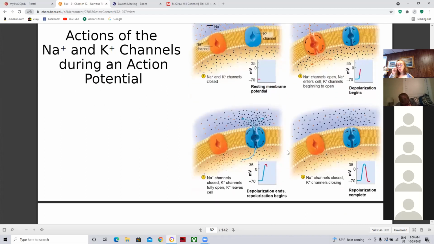When depolarization ends, because we reach that positive 35 millivolts, which is the voltage at which the sodium channels are going to close. The potassium channels are now completely open and they repolarize the cell.